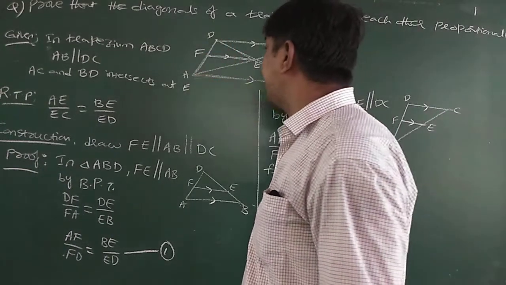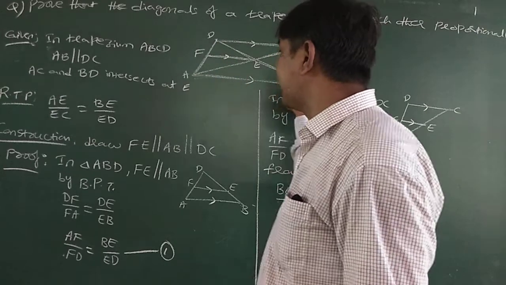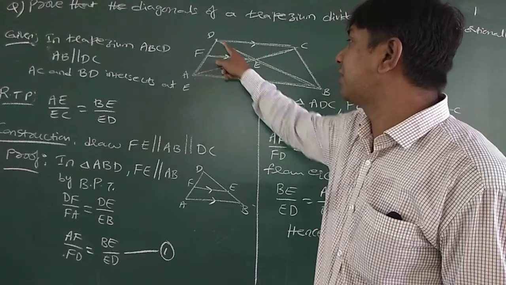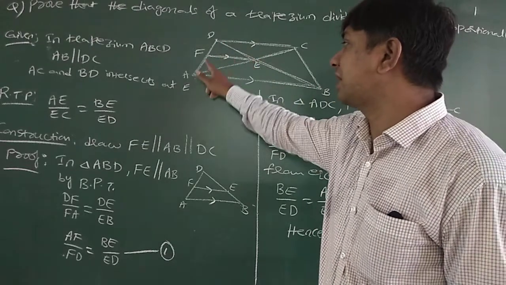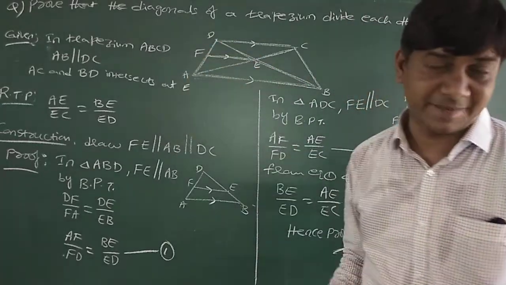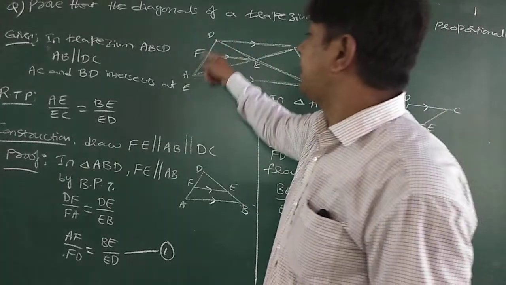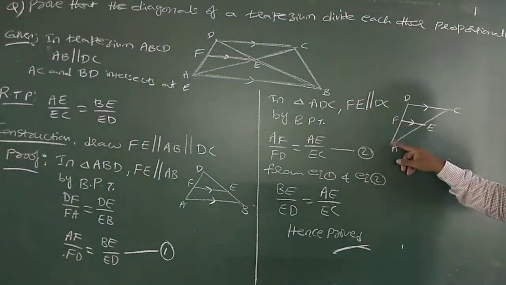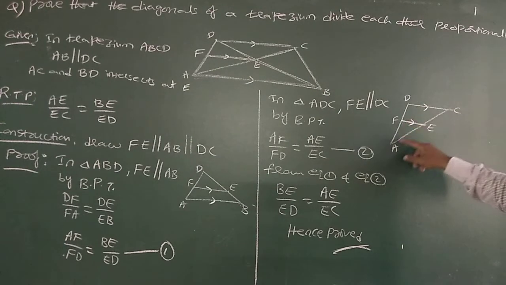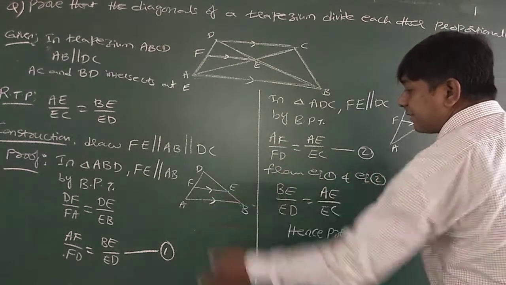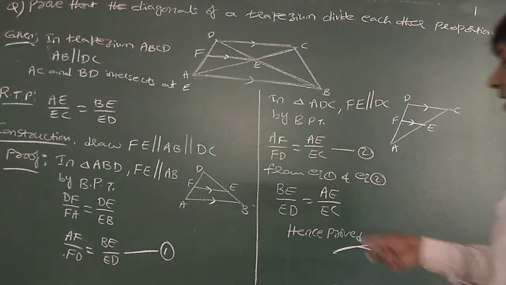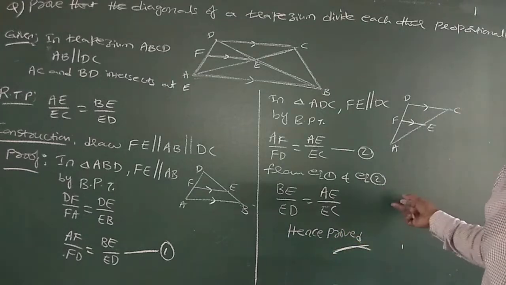In triangle ABD, by the basic proportionality theorem, AF by FD is equal to BE by ED. Again in triangle ADC, FE is parallel to DC, so AF by FD is equal to AE by EC. From equation 1 and equation 2, AF by FD is common, so BE by ED is equal to AE by EC. Hence I proved it.